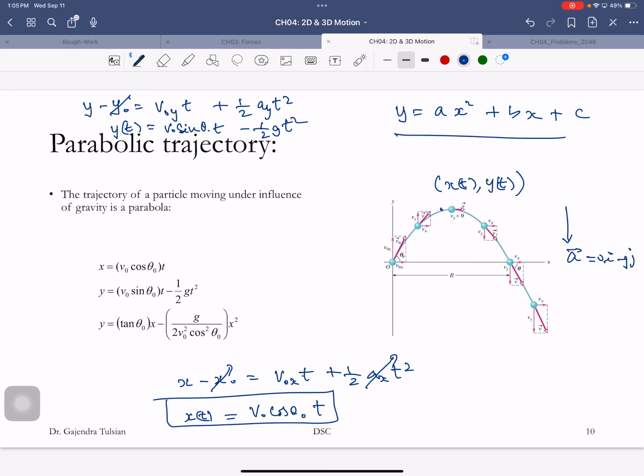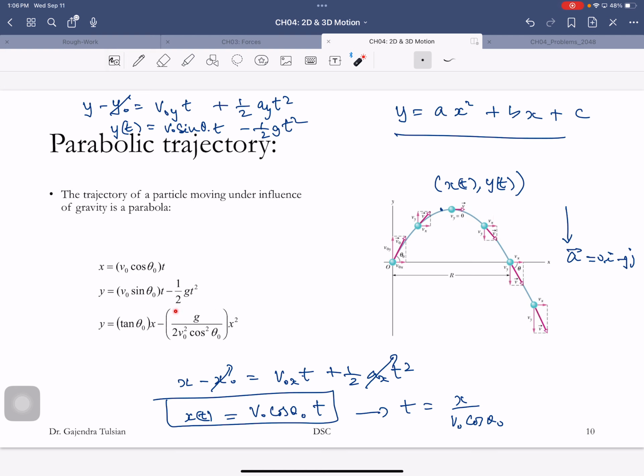So what we're going to do is solve for t here and plug that in there. t is x over v naught cosine theta naught. We plug that in there, and this is what you get. And you see y is a quadratic function of x, and so that trajectory is a parabola.